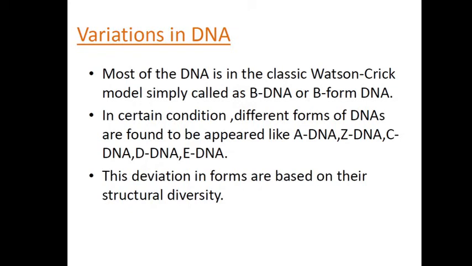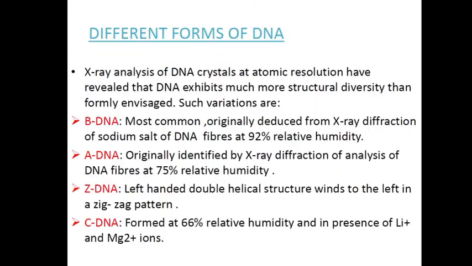But under certain conditions, different forms of DNA are also seen, which can be the A form, the Z form, and sometimes we can see the C form. Even D and E forms are also seen under suitable environmental conditions. These deviations in forms are based on their structural diversity.